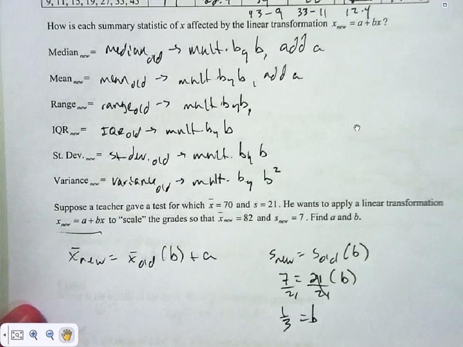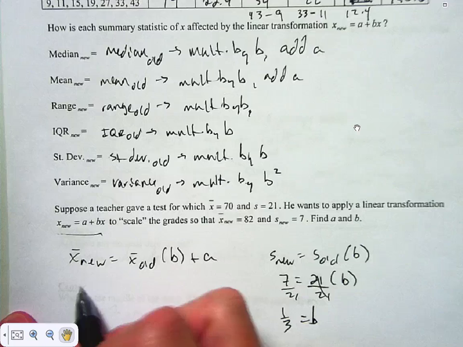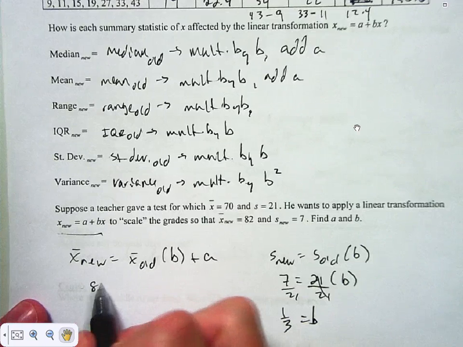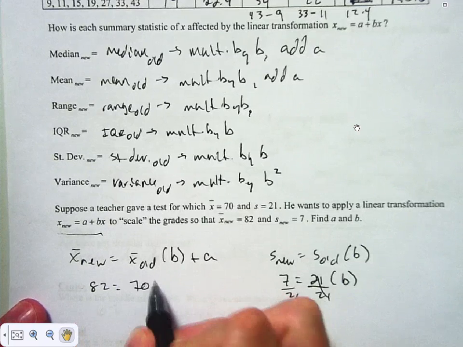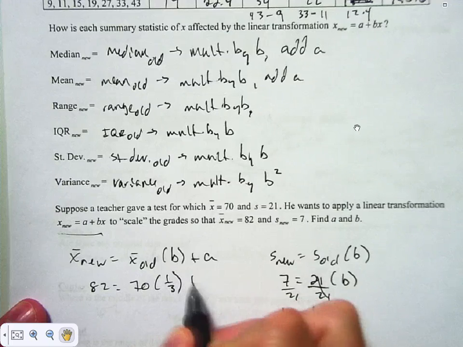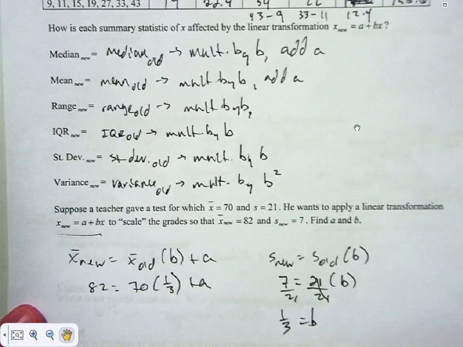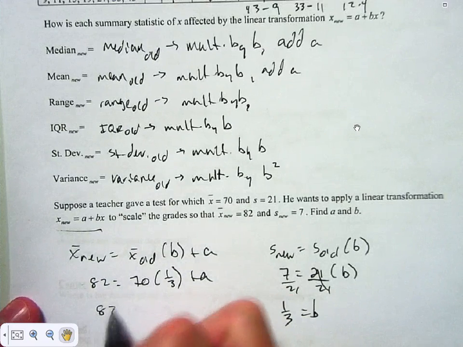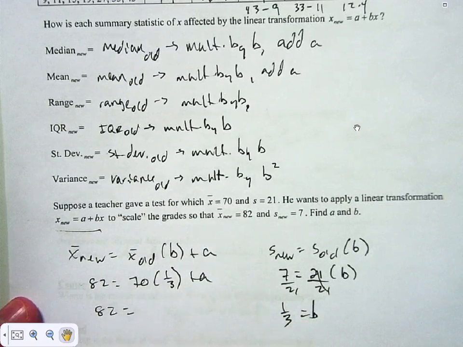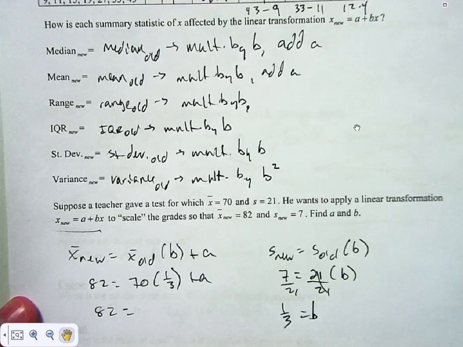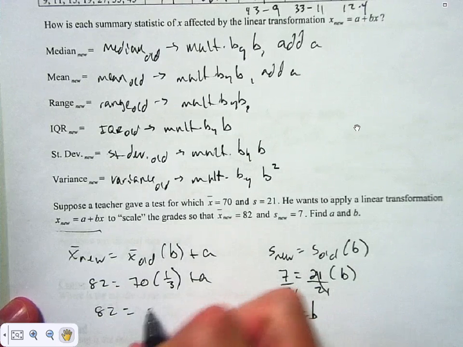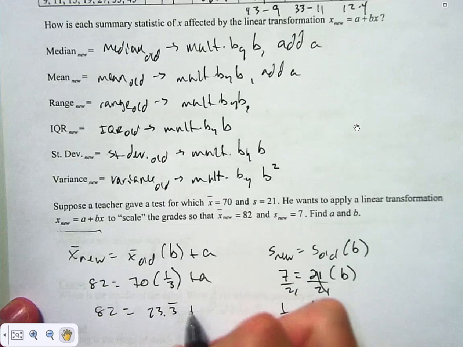All right. Now that we know b, we can plug b in up over here. The new mean we want to be 82. The old mean was 70. I'm going to plug in for b and find out what a has to be. If I take 70 times 1/3, I get 23.3 repeating.